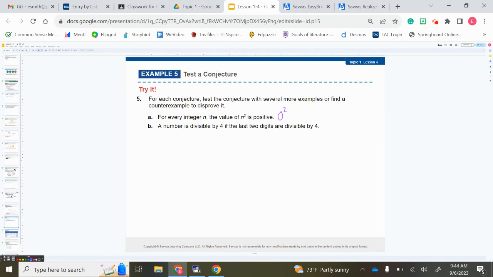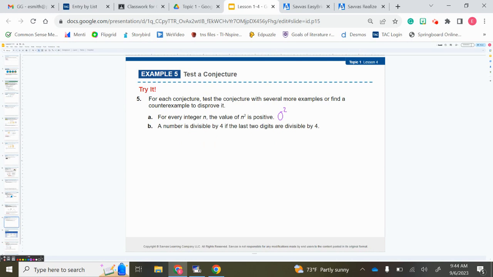Is that positive? It's not, right? Is 0 positive or negative? No. So there's my counterexample. This doesn't work for everything. The 6, -6 and +6 was a totally valid argument, but there is, in fact, a counterexample. So just make sure you look at everything.